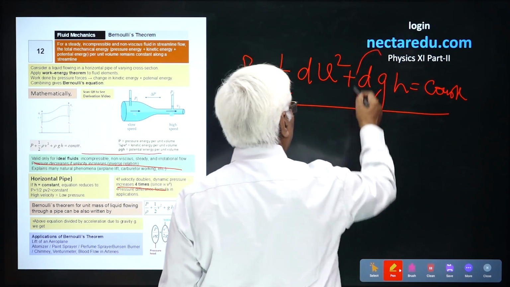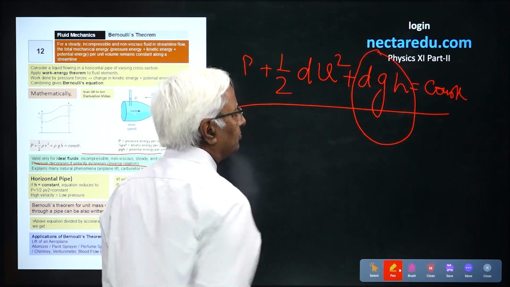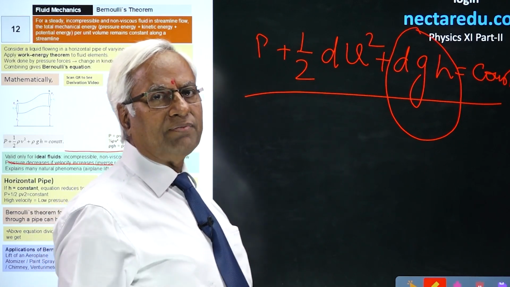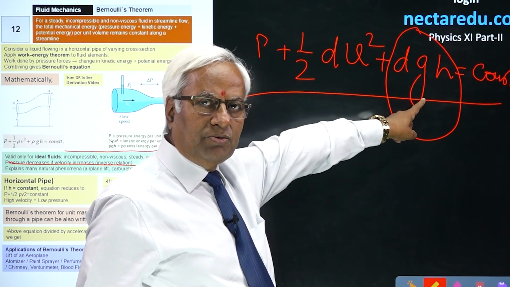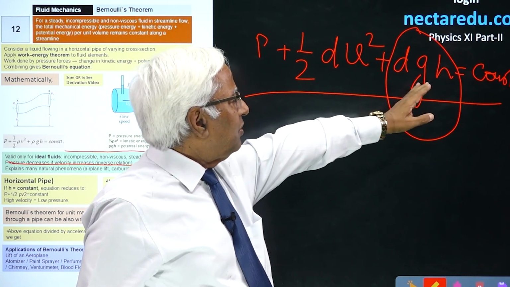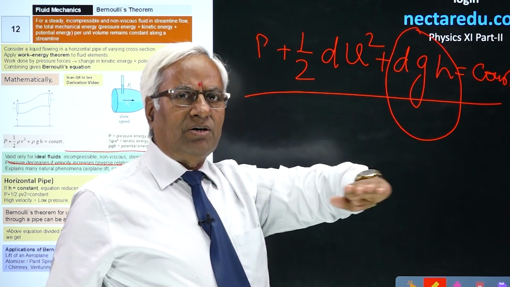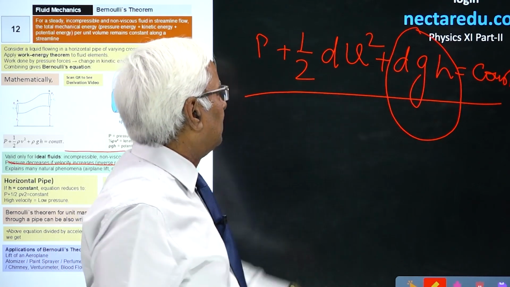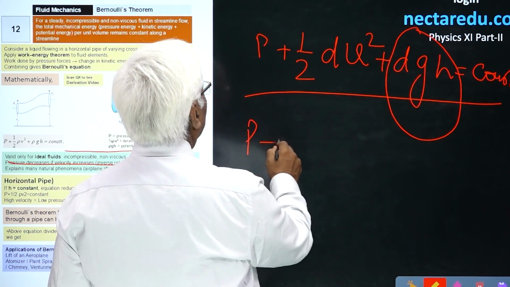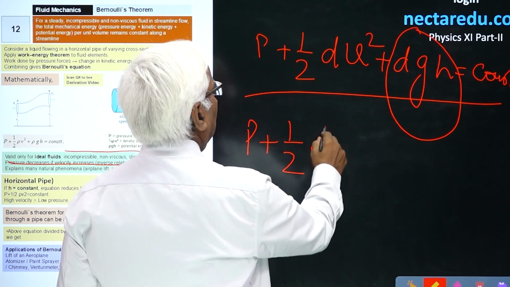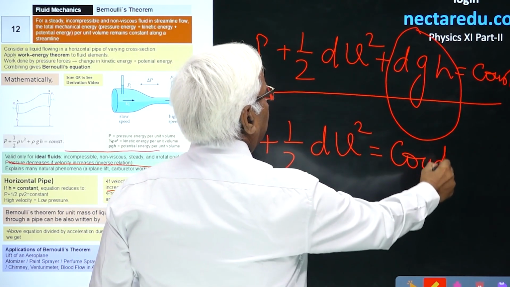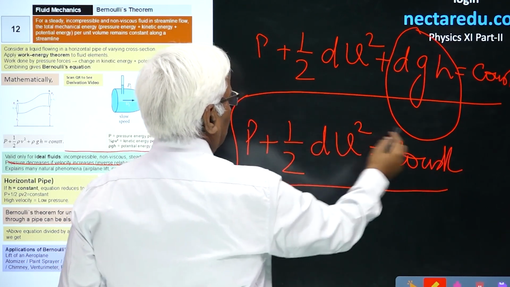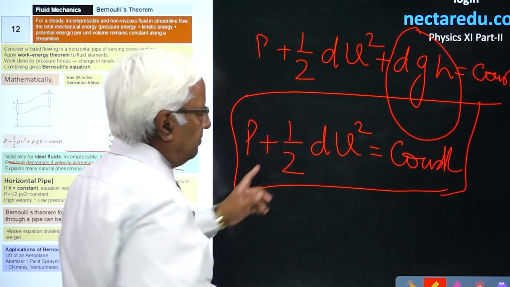Suppose the flow is horizontal. The liquid that we have considered is not getting changed. d will remain the same, g remains constant. If we apply the criterion that it is a horizontal flow, h will also be constant. Then in that case, only two terms are left: P plus half dV square. This is also known as the short form of Bernoulli's theorem.